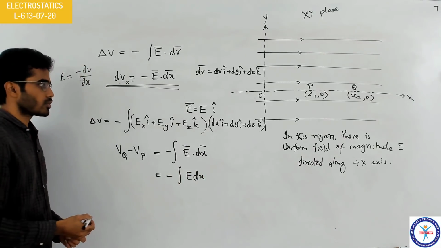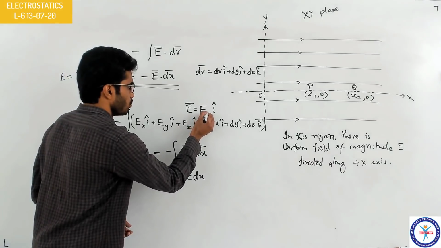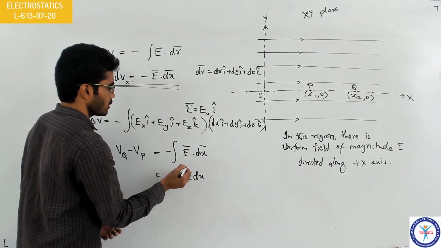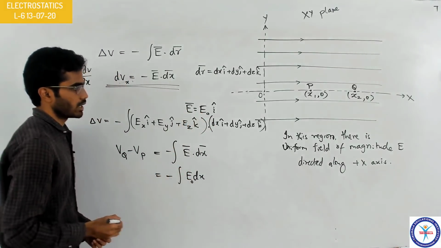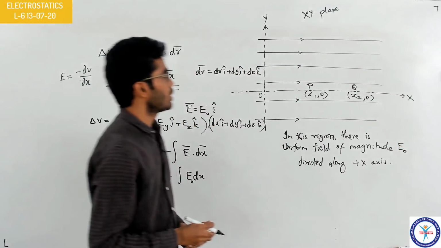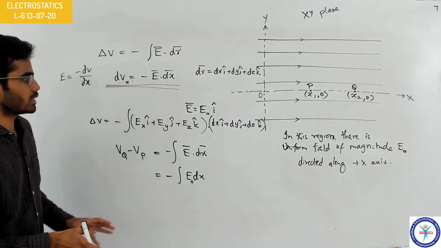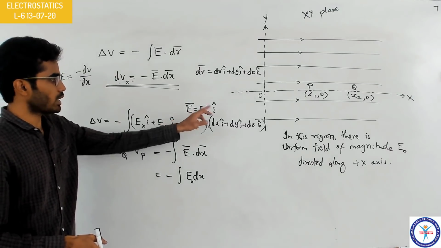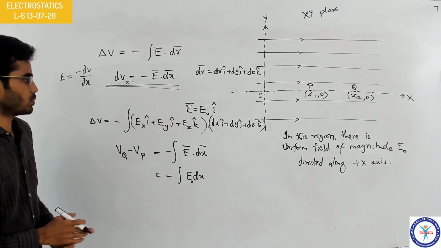Let us mark the magnitude with E naught so that we will have a clear idea when we substitute. So this is now expressed as E naught i cap, where E naught is the magnitude.